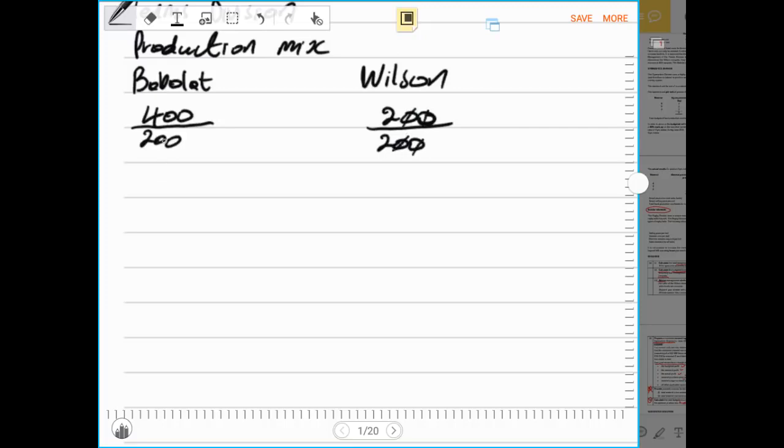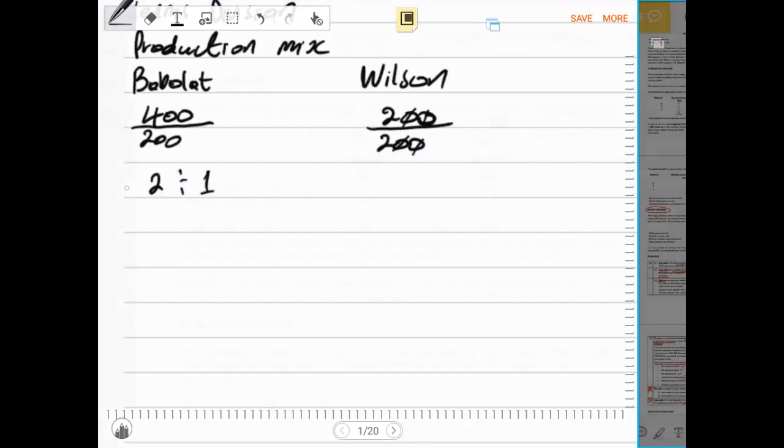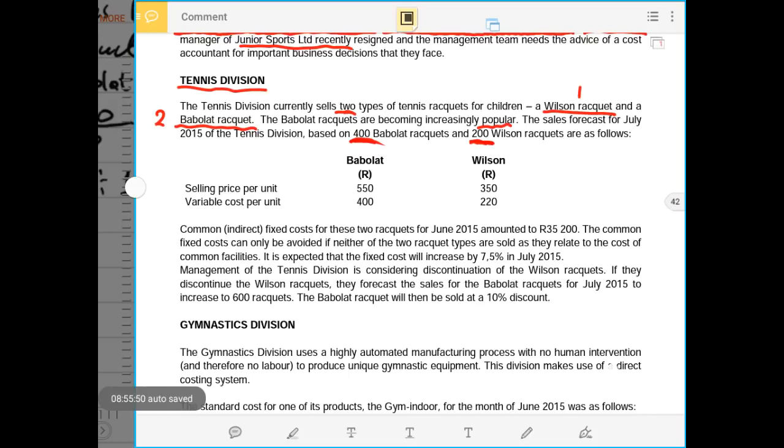In other words, 400 divided by 200 will give us 2, and 200 divided by 200 will give us 1. So now meaning our production mix will be 2:1. So we have our product mix, which will assist us in the calculation of break-even point.